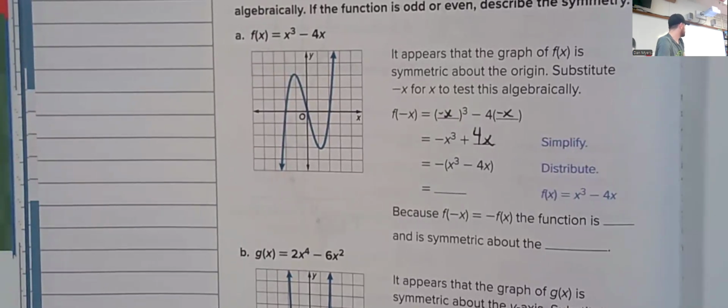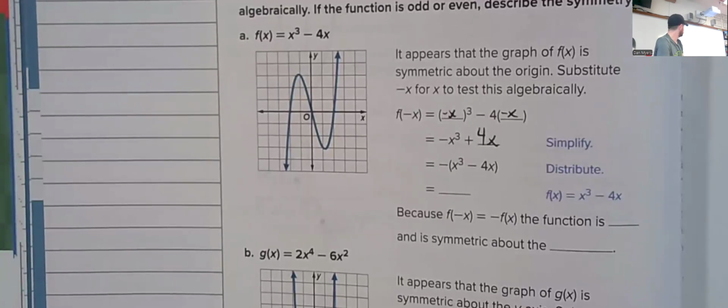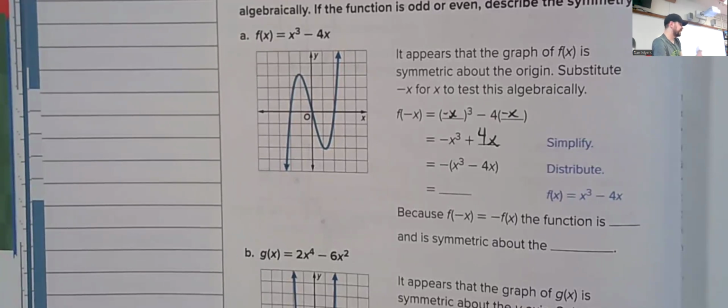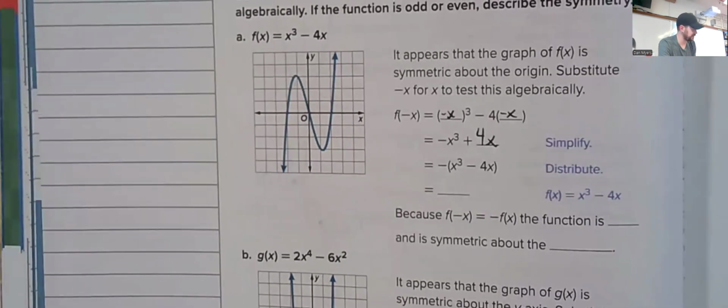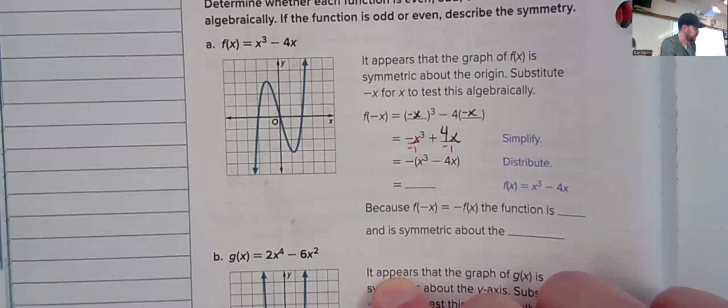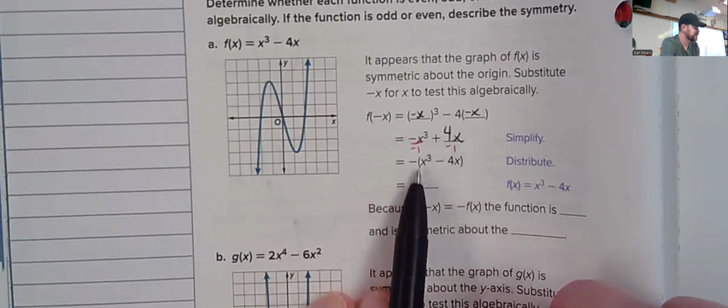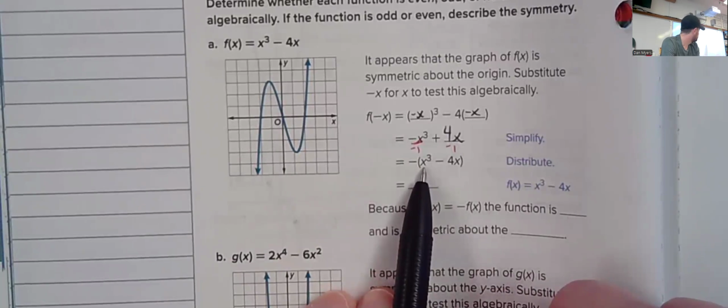And then it says distribute, but technically I guess we're factoring. We're factoring out a negative 1. If we factor out a negative 1, basically divide each of these by negative 1, I'm just going to do that little division here to show you what's happening. So if we divide this by negative 1, we end up with a negative 1 here, or just a negative. A negative divided by a negative is a positive, so that's positive x cubed.